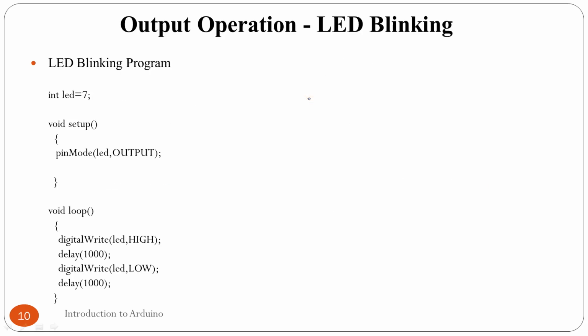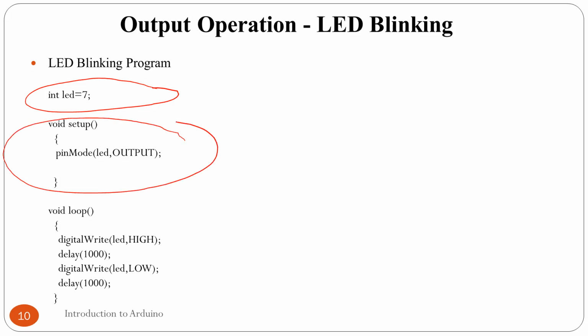Now here is another program. As I have already discussed, we basically have three parts in Arduino programming. The first one is variable declaration, the second is void setup, and the third one is void loop. In the variable declaration you can assign a name to the pin. So here I am assigning the name LED to pin number 7: integer LED equals 7.